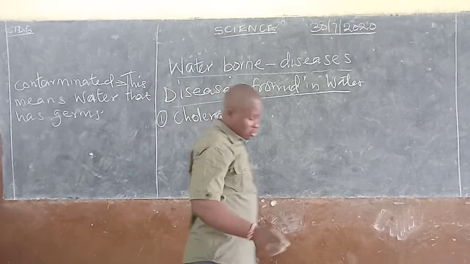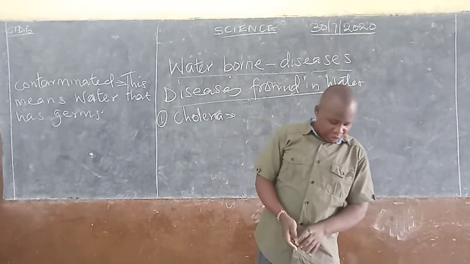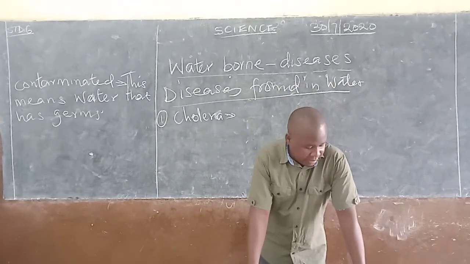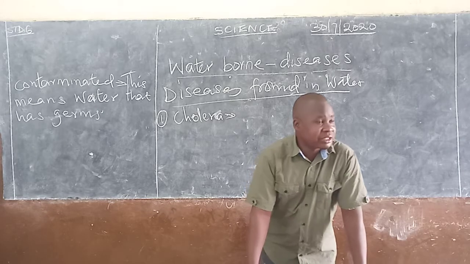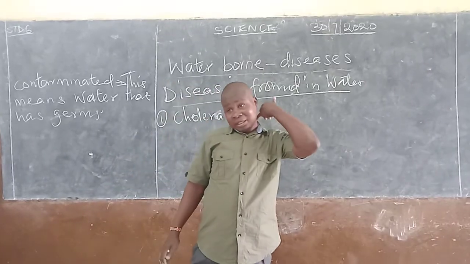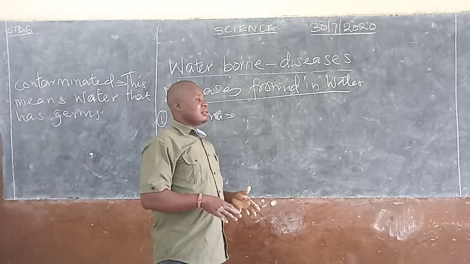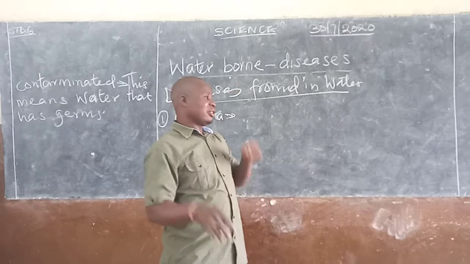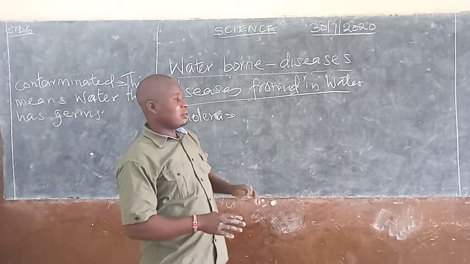Cholera is caused by germs found in contaminated water. It is especially common when there is a flood, and water gets contaminated with human feces. This mostly happened during the olden days, and you can also share this with your guardian or parent.